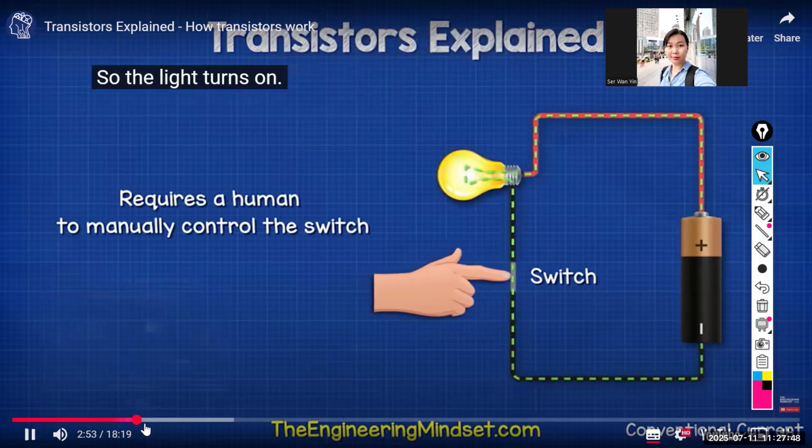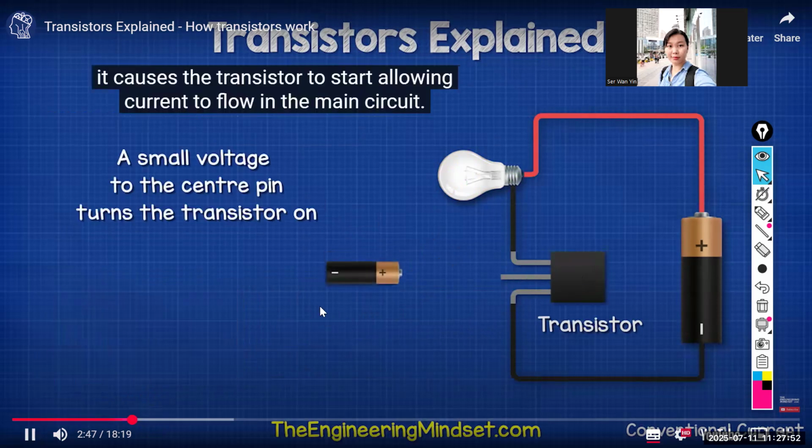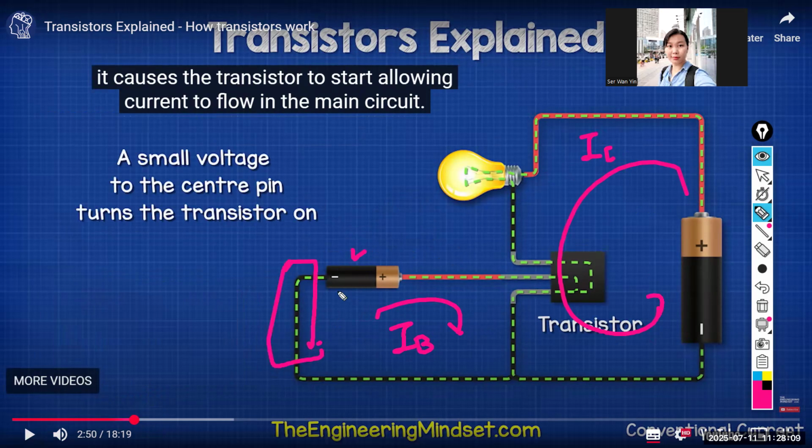Then if you want to make it auto, you need to put a transistor. With a transistor, then only you get IB, then you get IC. So we say this is an automatic switch if you put a sensor around here. Okay, then why do we say it is a current amplifier?